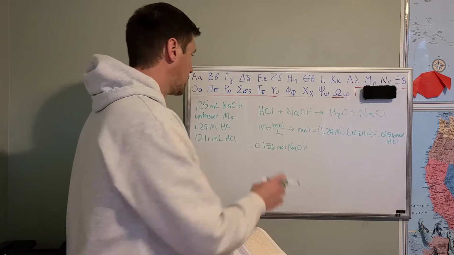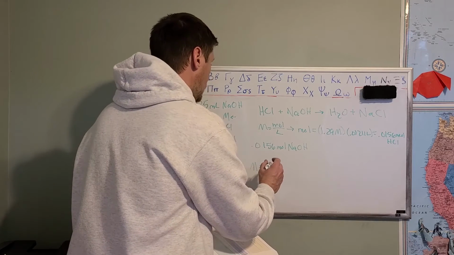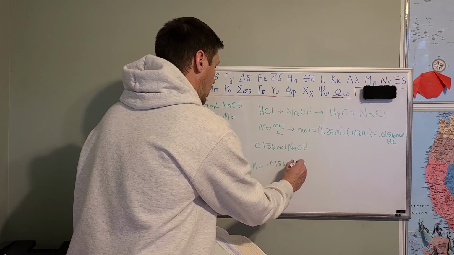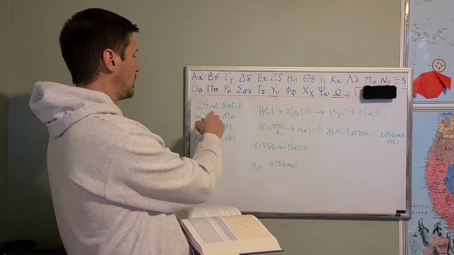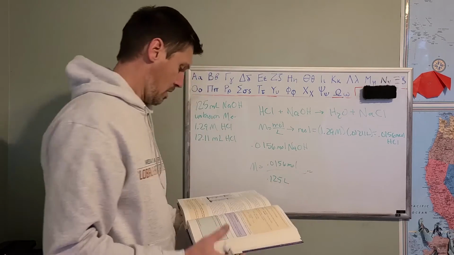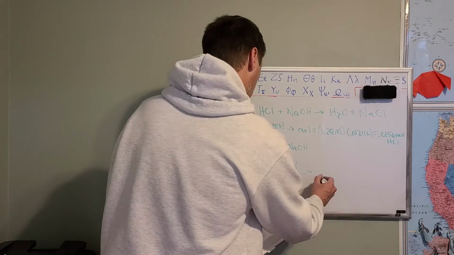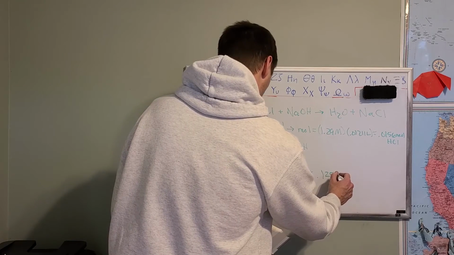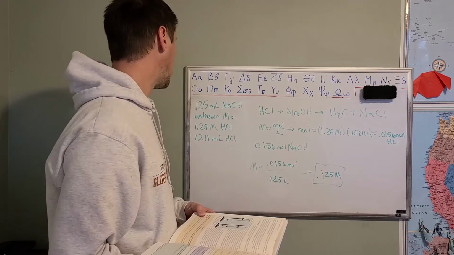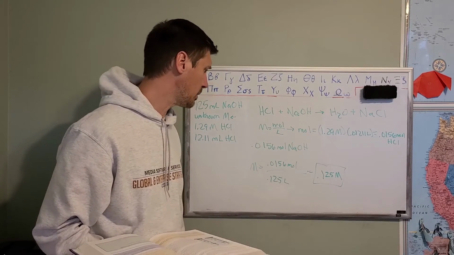And we're going to use this equation again, right? So molarity equals moles of solute, which we determined to be 0.0156 moles, over liters of solution, which they've given us to be 0.125 liters, just converted that in our head from milliliters to liters. And so that's going to give us a 0.125 molarity solution of NaOH.